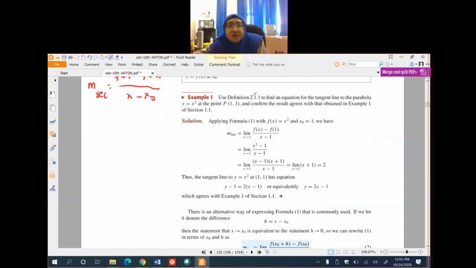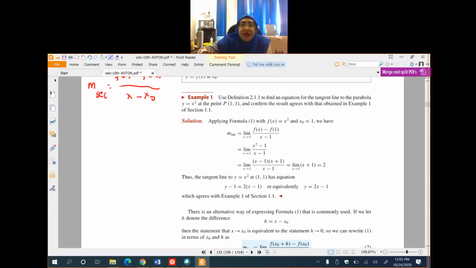Now let's look at example 1. Use definition 2.1.1 to find an equation for the tangent line. In order to find the equation of the tangent line, obviously we first have to find the slope of the tangent line. After we get the slope, we substitute it in the equation of a line to get the equation for the tangent line.